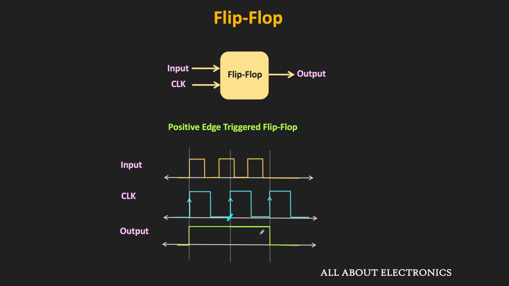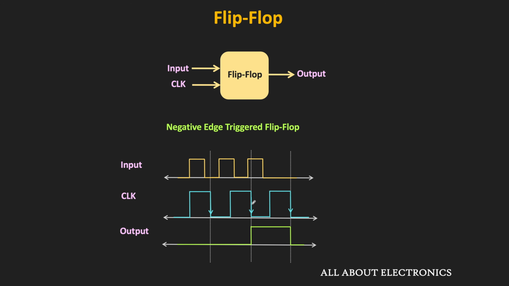Similarly, for the same inputs, let us see the output of this negative edge triggered flip-flop. This negative edge triggered flip-flop will respond to the input at the falling edge. So till the first falling edge, the output of the flip-flop will remain 0. Now at the first falling edge, if you see, the input is low. That means the output of the flip-flop will also remain low. And it will remain in this state until the next falling edge. Now once again at the next falling edge, the input becomes high.